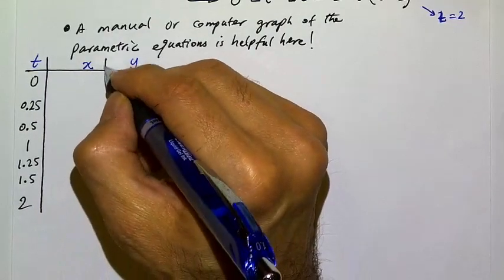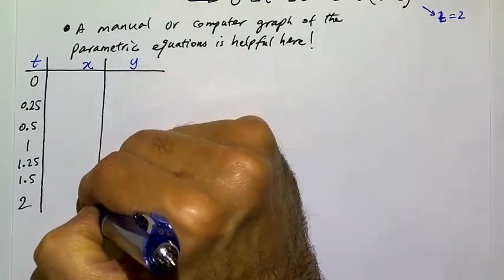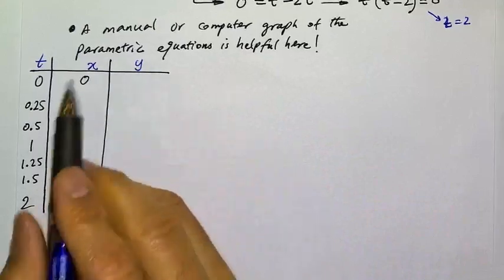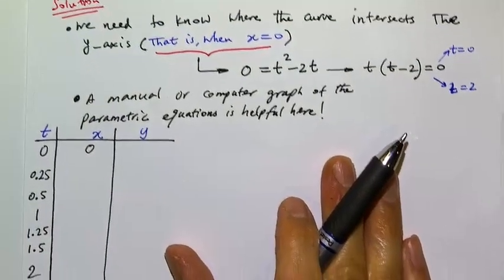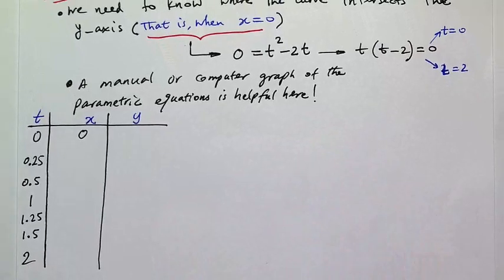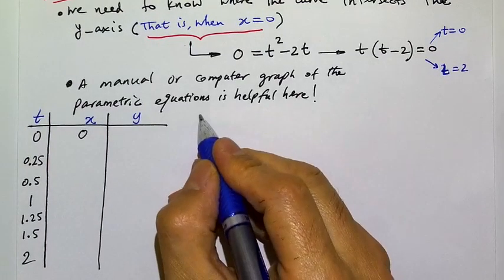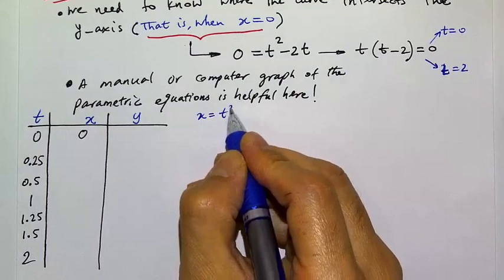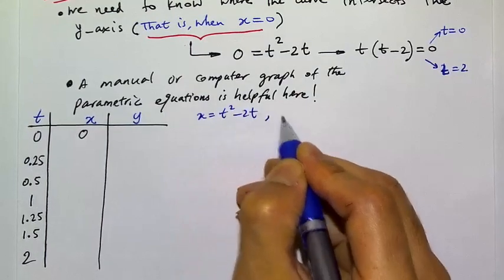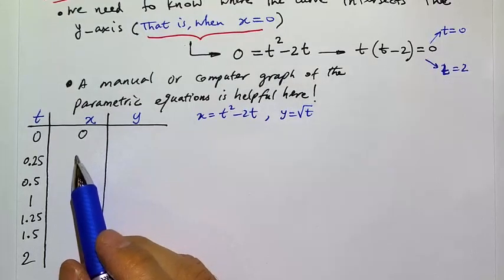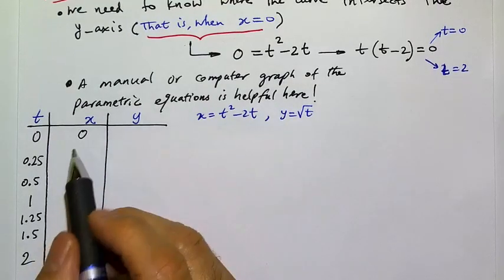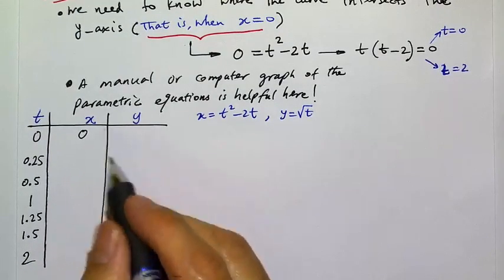So I'm going to write them here again. x equals t squared minus 2t, and y equals t. I've already calculated some values, and I'm going to write them here, but please verify me on these.